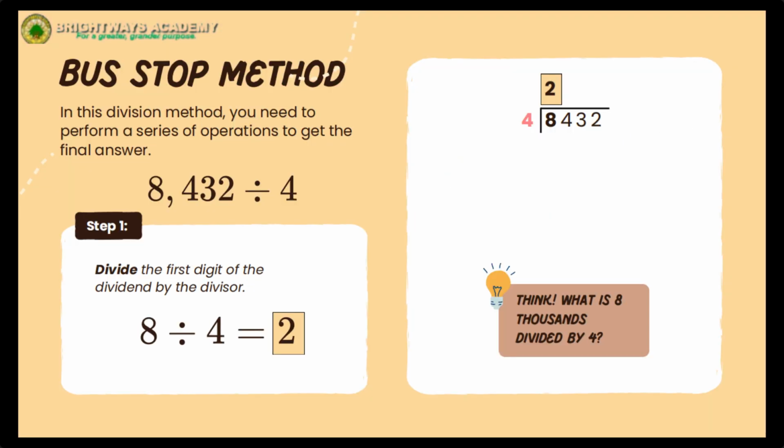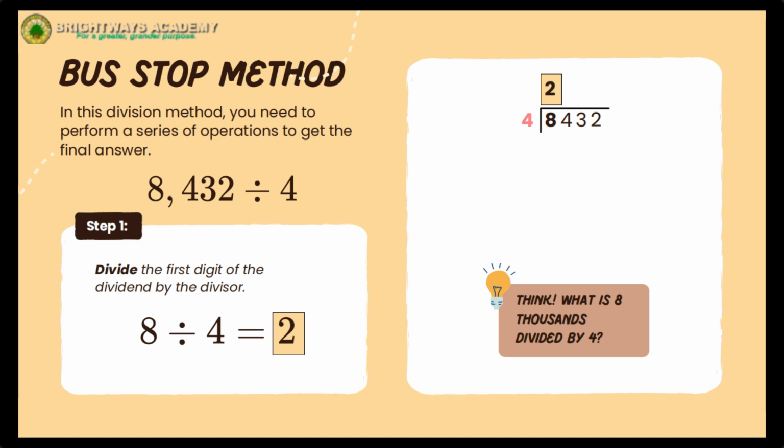Aside from the partitioning method, we also have the bus stop method or the long division method. In this division method, you need to perform a series of operations to get the final answer.